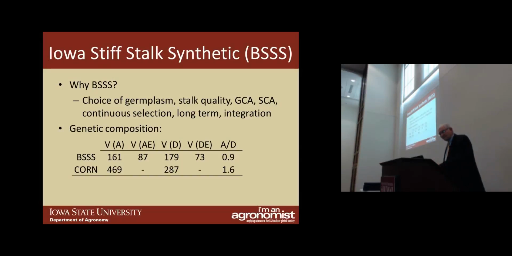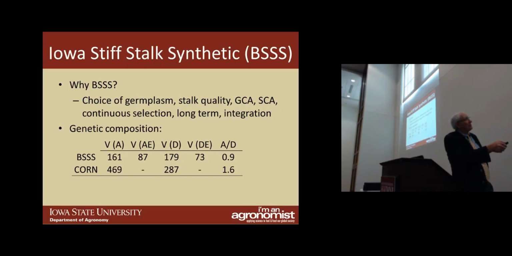There's over 5,000, 6,000 plots of data in that Stiff Stalk up here. Gerald told me he didn't want any sigmas in this symposium, so I took out the sigma and put V. So this is the variance due to additive effects, variance due to dominance effects, and the ratio of them. You can see it's about equal for Stiff Stalk. Now, like I say, that's not a random number. There's about 5,000 to 6,000 plots of data in there.